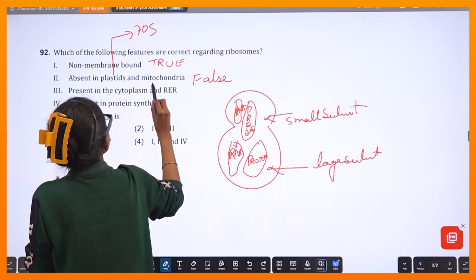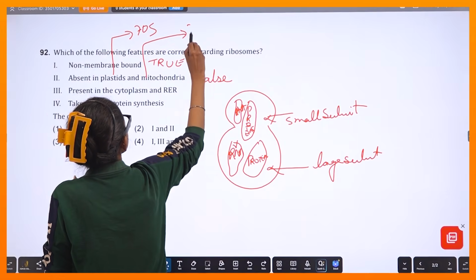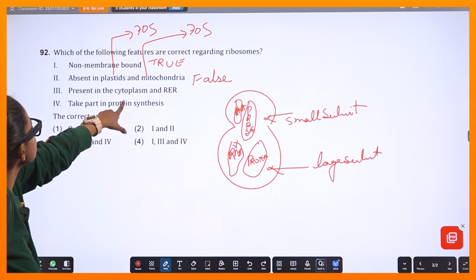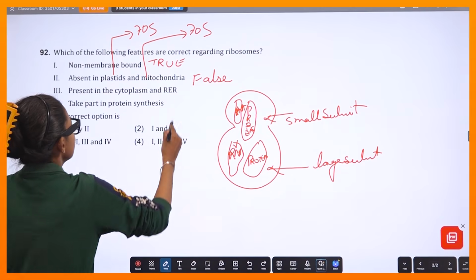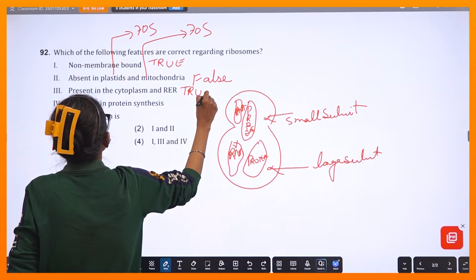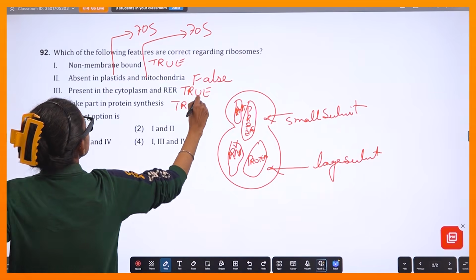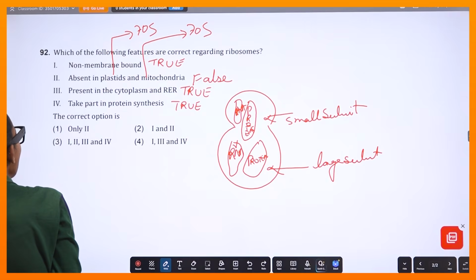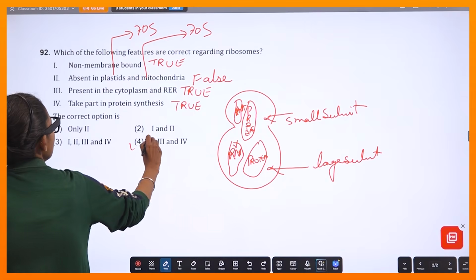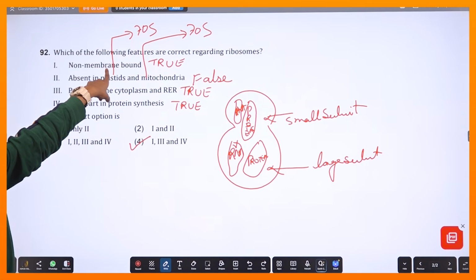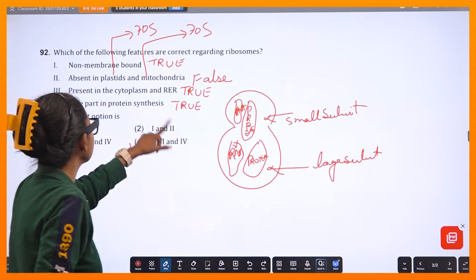Third one, present in the cytoplasm and RER, true. Take part in protein synthesis, true. So that means 1, 3 and 4. In plastids and mitochondria, 70S ribosomes are present, correct? So 1, 3 and 4.